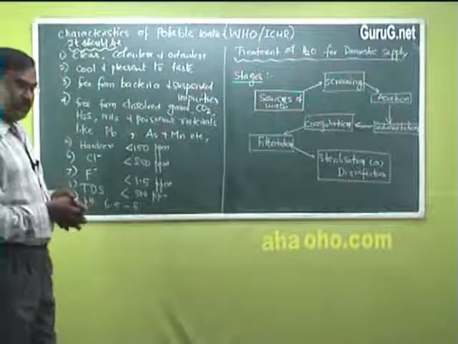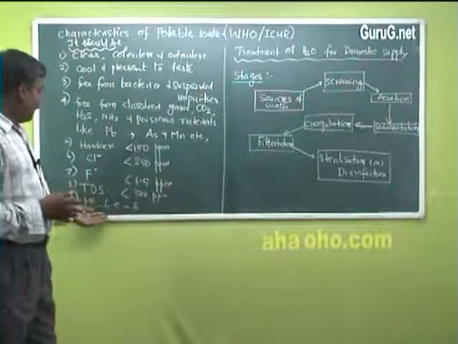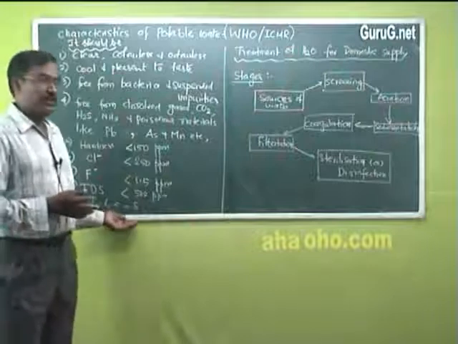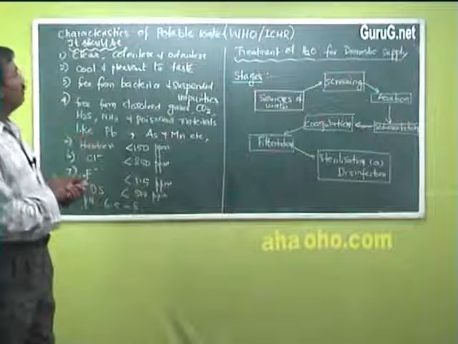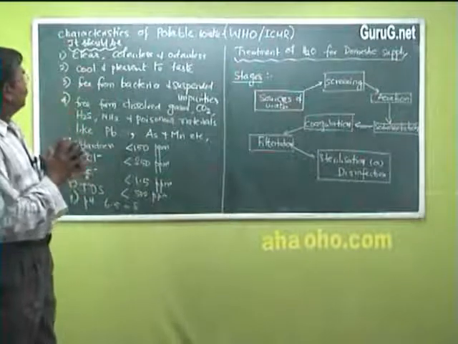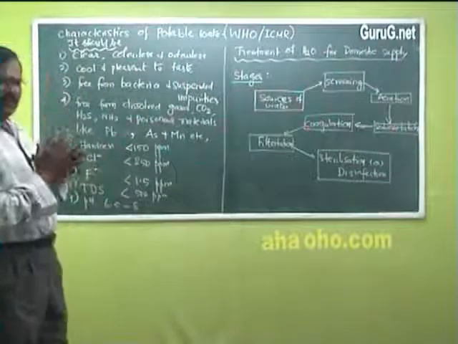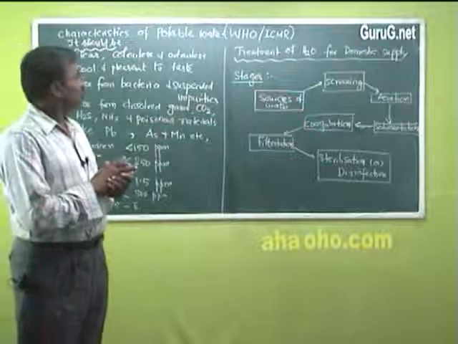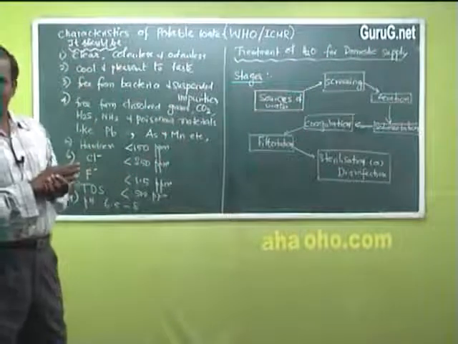The pH should be neutral, lying in the range between 6.5 and 8. Then only the water can be used without any problem for household purposes.